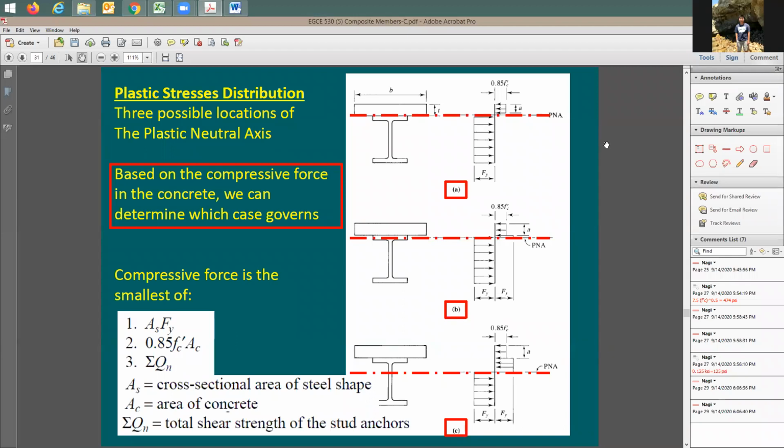Concrete. I said here, if the concrete compression, if I take t times b times 0.85 F prime C, becomes like 1,000, and then I took A sub s times F sub y, it is equal to 600 kips. It means if the entire section of concrete is exposed to compression and you compare it with the entire section exposed to tension, you're going to have lots of force. But in reality, I know that the compression needs to be equal to the tension.